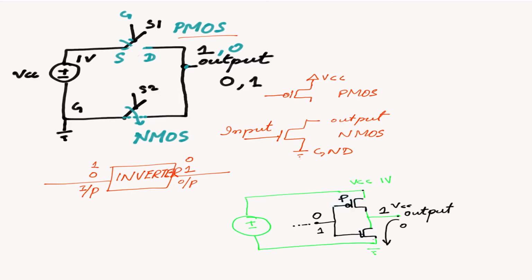So NMOS has the characteristic that when its input is 1, it will conduct. When its input is 0, it will not conduct. And with PMOS, when its input is 0, it will conduct, and when its input is 1, it will not conduct. Okay, so you can see that by combining PMOS and NMOS in this way, we have created a device which inverts its input. Okay, and this is an inverter.